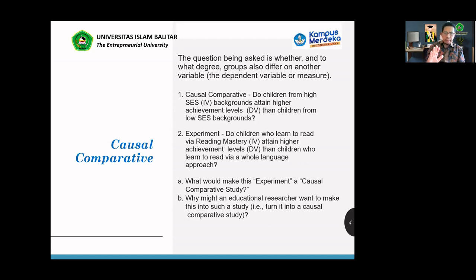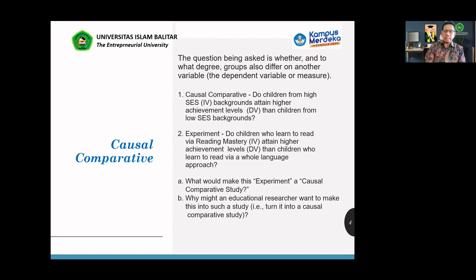We are now having questions about whether and to what degree groups differ on another variable, the dependent variable or measure.